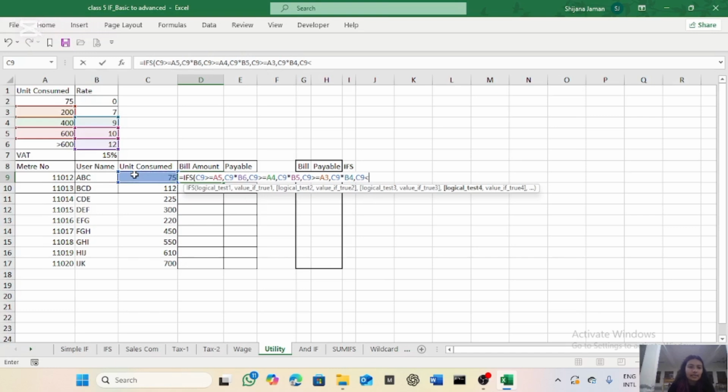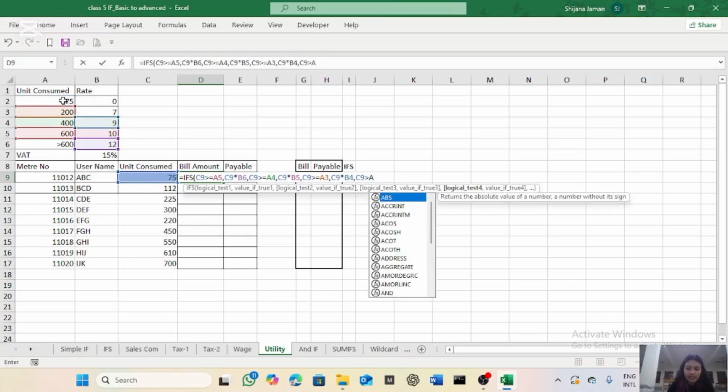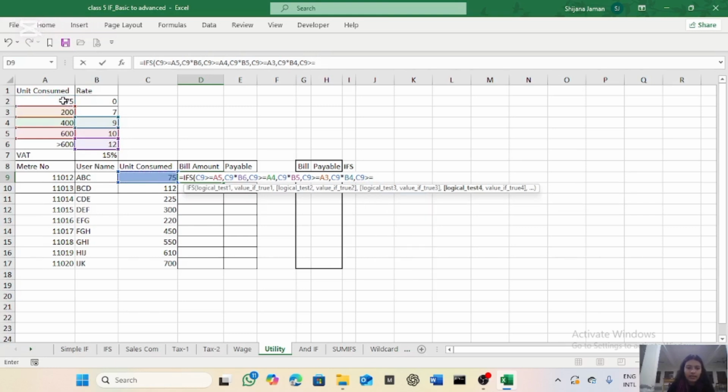If our 75 is greater than equal 70, we will pay 7% on it.